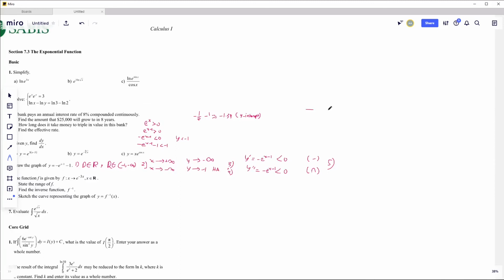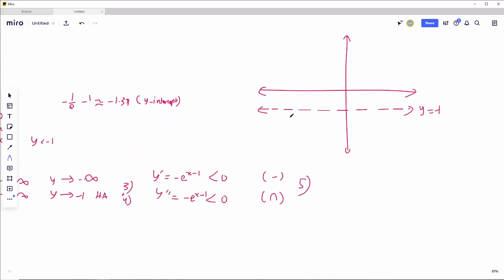So let's graph. And like this, our horizontal asymptote. And yeah, so we said it hits minus 1.37 on the y-axis, the y-intercept.